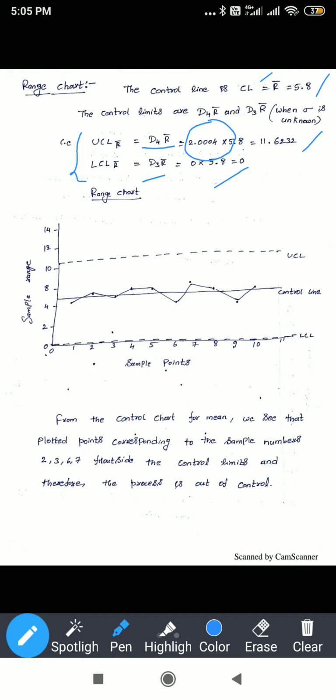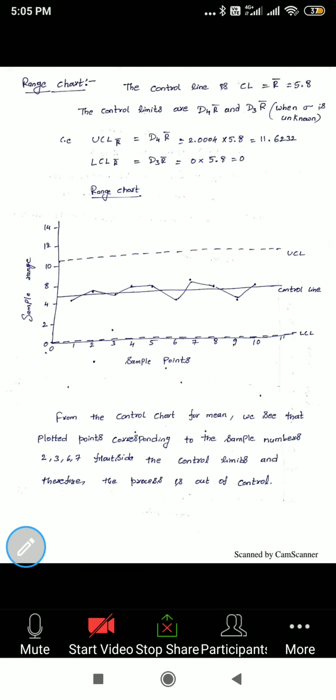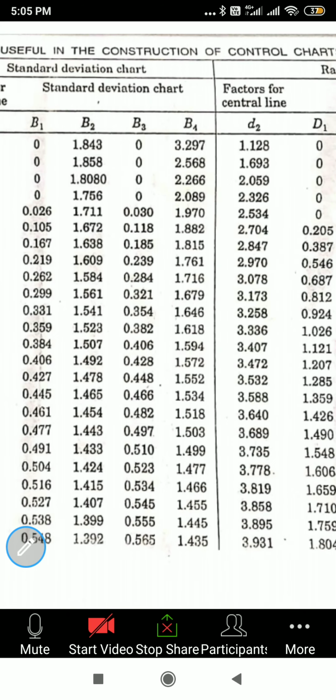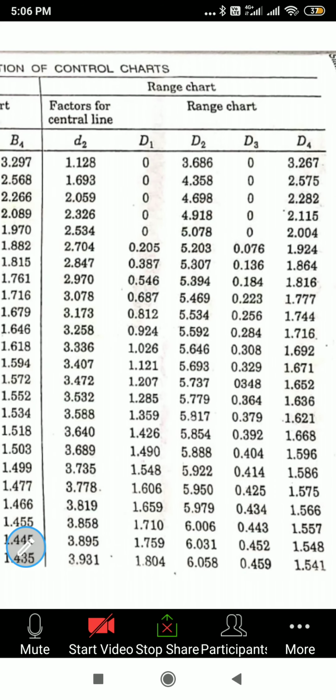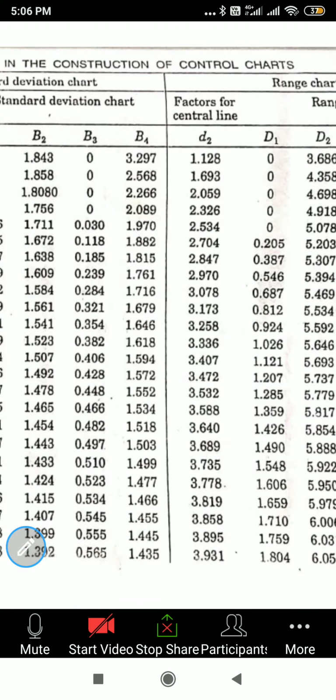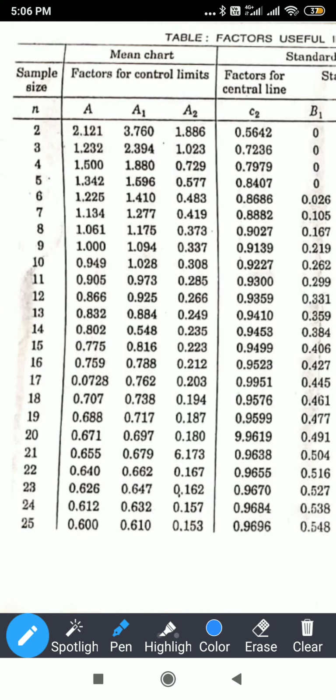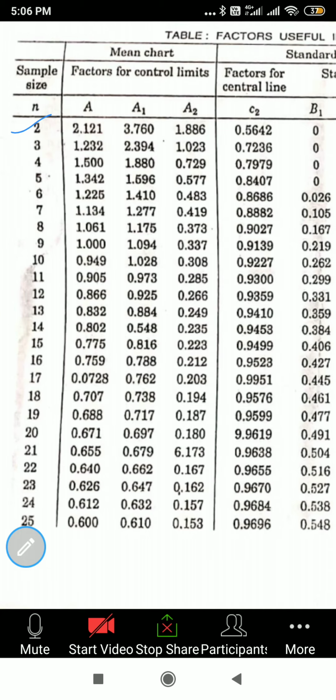See the values in the statistical tables, D4, D3 values. Here you got D4 and D3 values. Sample size 6 starts with 2.